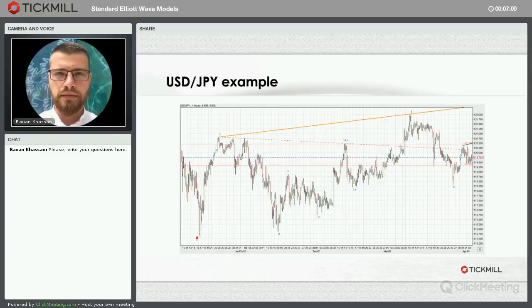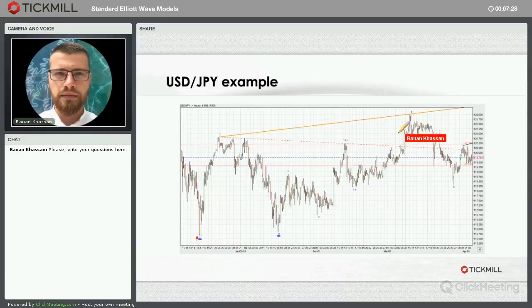We start from the bottom around 115.25, when the first wave finishes above 120. The bottom of the second correction wave falls below 116, but stays above the beginning of the first part.